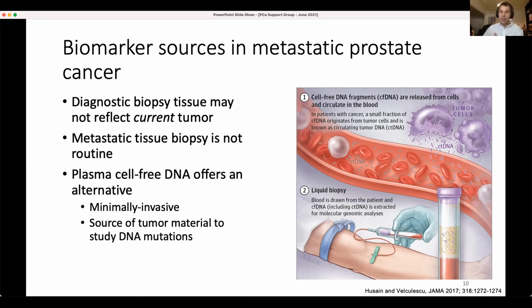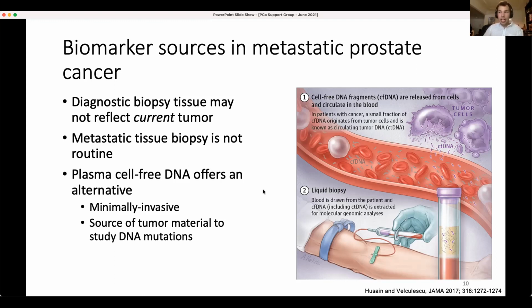So this is something that patients typically don't want to do, or might be clinically unfit to do. But there's also a technical reason as to why this is difficult, and it's that often the tissue that we get from metastatic biopsies is actually not suitable for analysis. So we can't really get the information we're looking for from this biopsy.